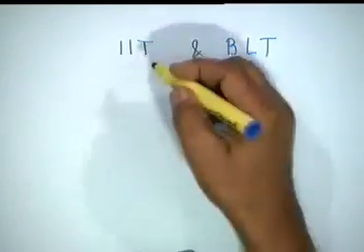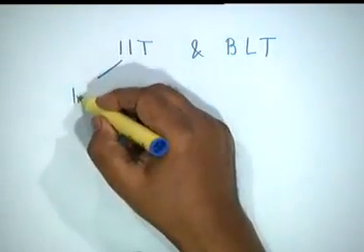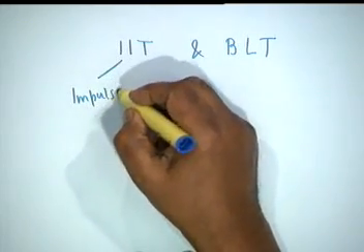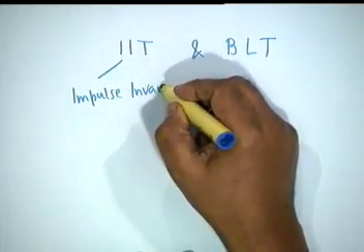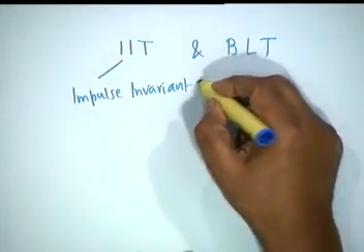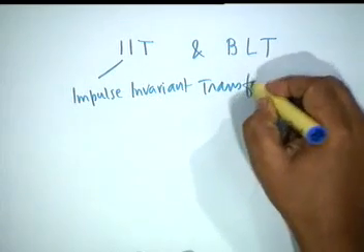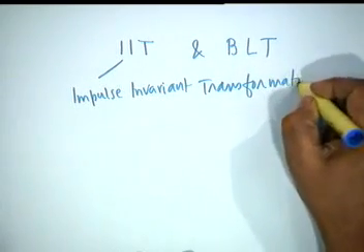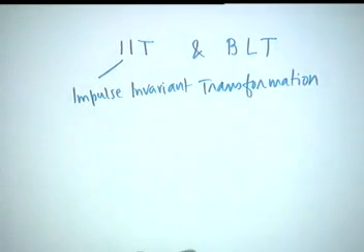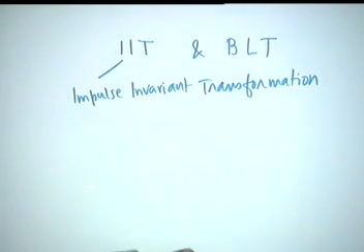IIT stands for impulse invariant transformation. This is very simple conceptually, but has its own disadvantages. Impulse invariant transformation, and BLT is the bilinear transformation.